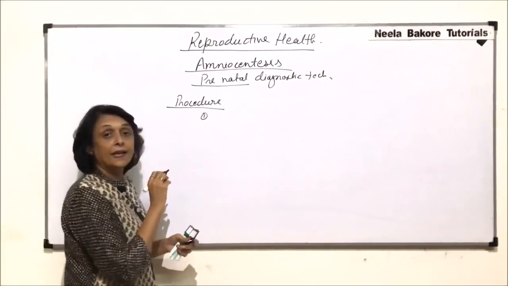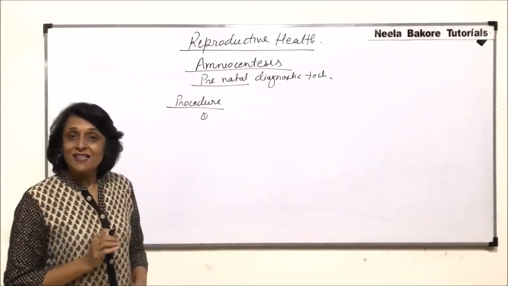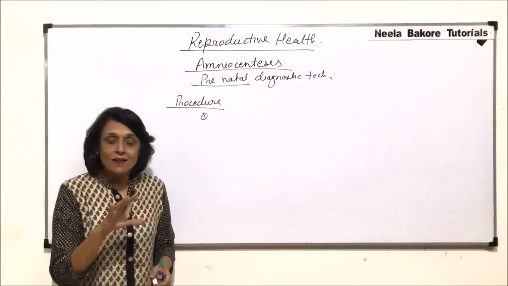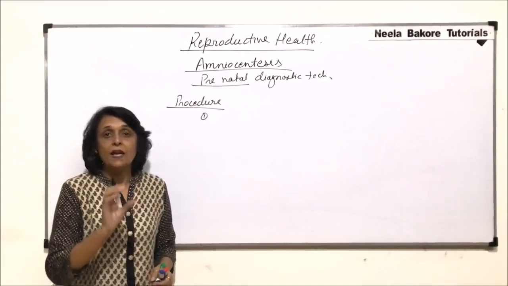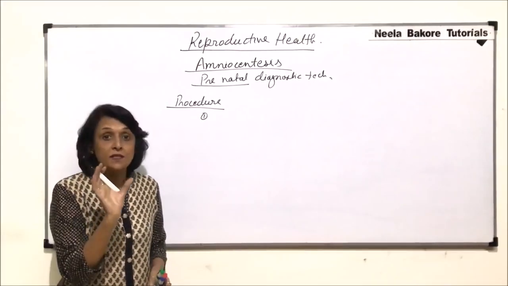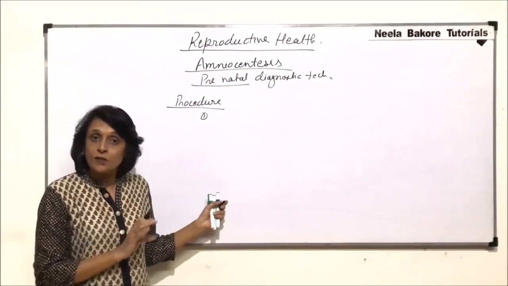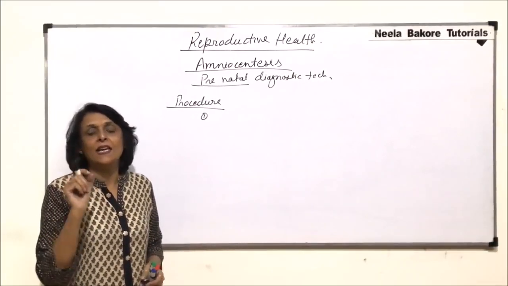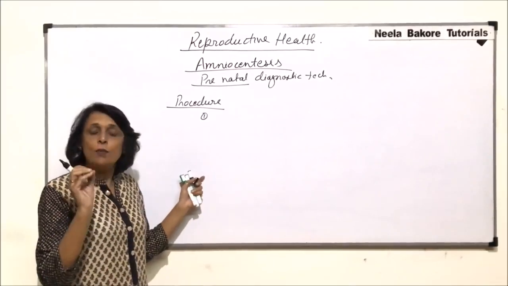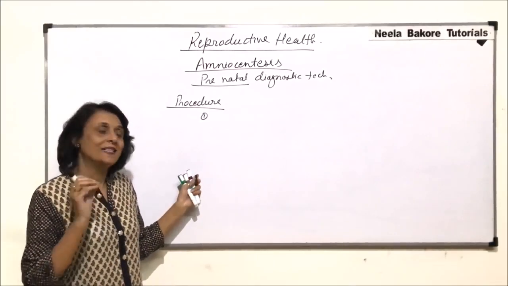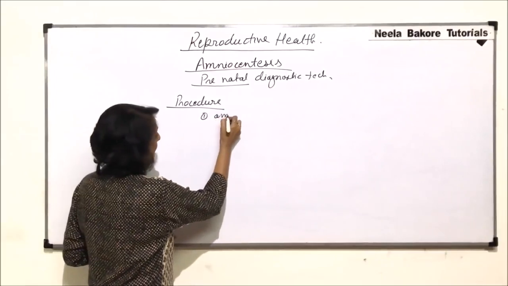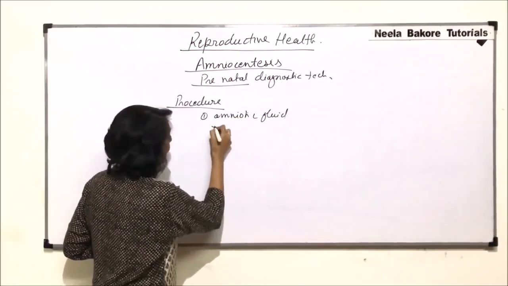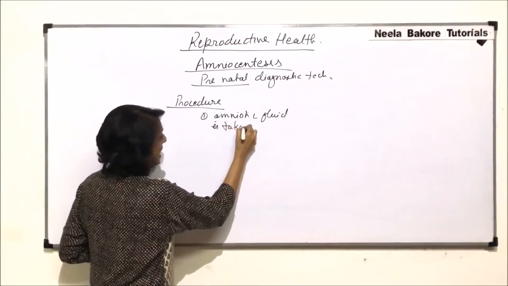So first thing is, under ultrasound, which we call the sonography machine, by this ultrasound screening, the location of the fetus is seen on the screen, and by using a very thin needle, a little bit of amniotic fluid is taken out.